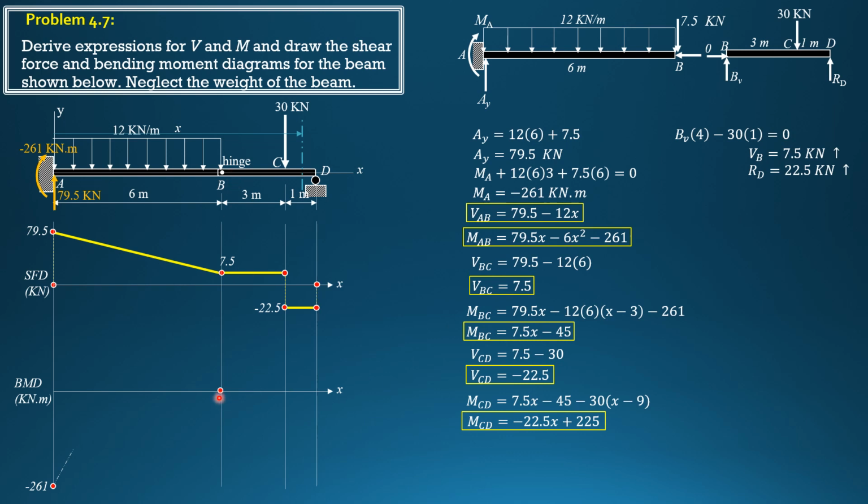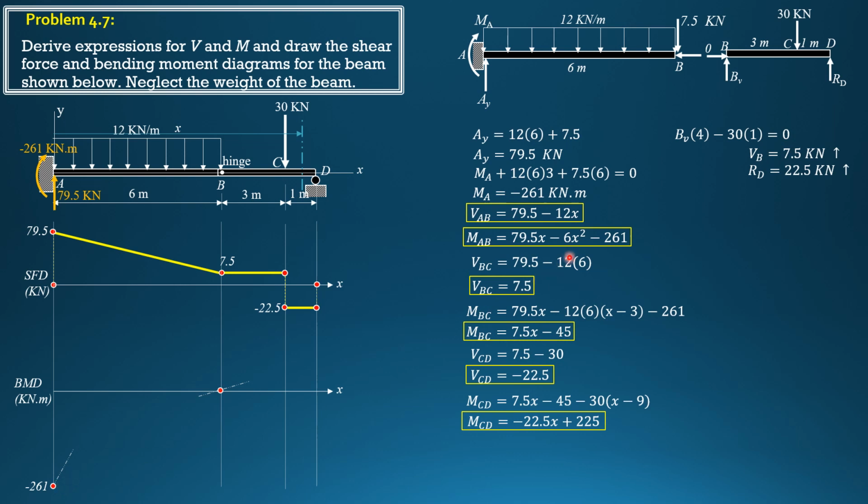Now based on slope, the slope initially here is 79.5 and positive, and it is still positive here, which is 7.5, but a gentle slope. So to connect these 2 points with a curve tangent to these tangent lines, it must be concave downward.